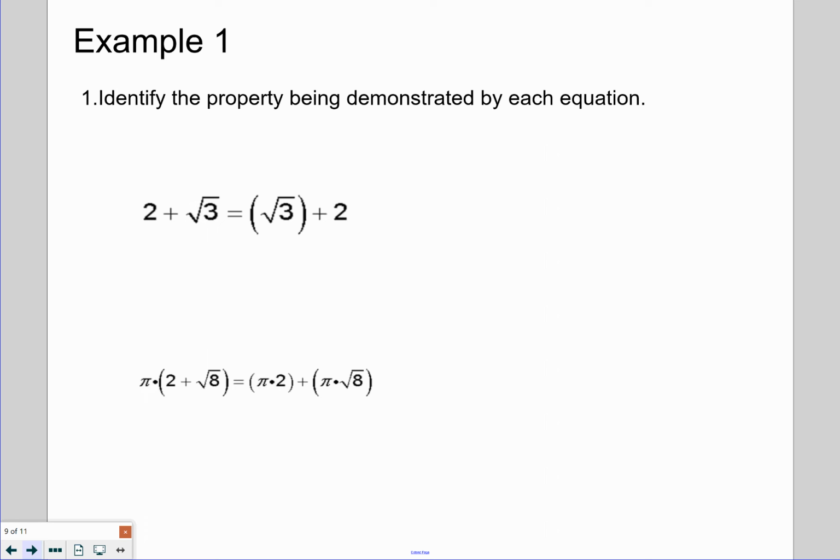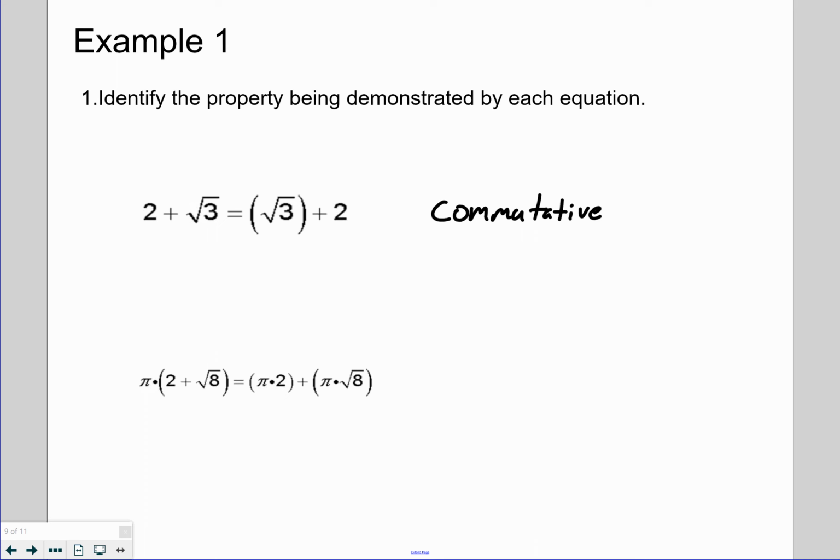The first one. All right, David, what'd you write down? Commutative? Do I agree with David? Commutative? Yes, Camilla. Associative? Associative. Why did you say associative, Camilla? No, you're good. I think what your brain saw was the parentheses, right?